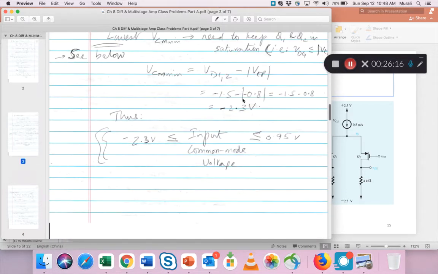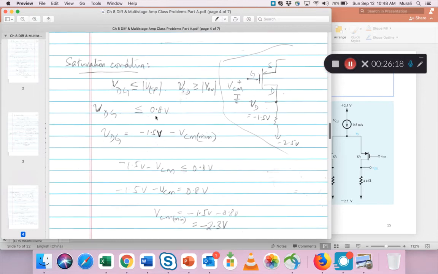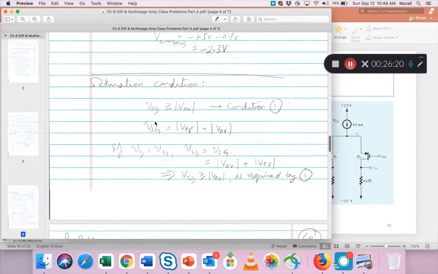So here's just a little more explanation. The other condition, which I think is also used somewhere else, is VSD has to be greater than VOV. VSG is VTP plus VOV. If VD equals VG, that means VSD equals VSG, which is VOV plus VTP. And remember, this VSD connected like this will always be greater than VOV because VTP always has some definite value.